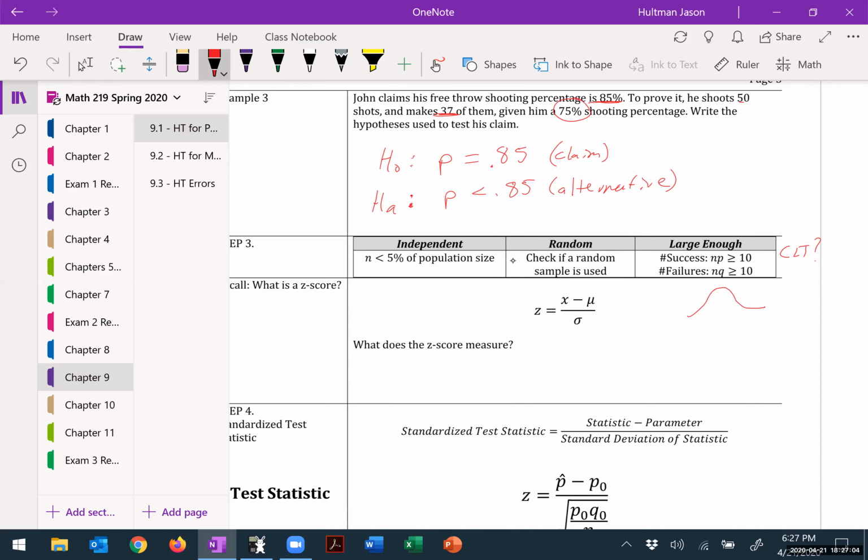Well, we're going to assume independent, that n is less than 5% of the population size. We're going to assume a large population. We're going to assume that it's random, that they were randomly sampled. So these two we're just going to assume are true.